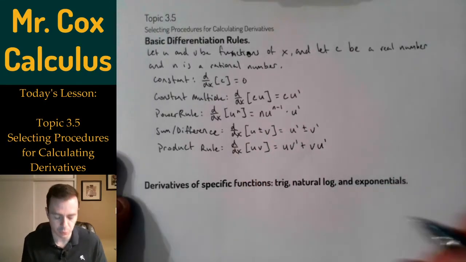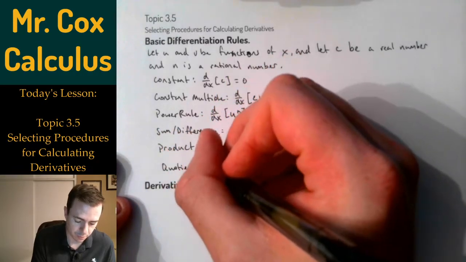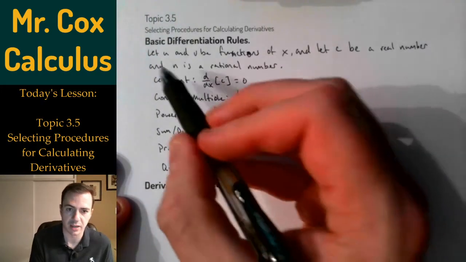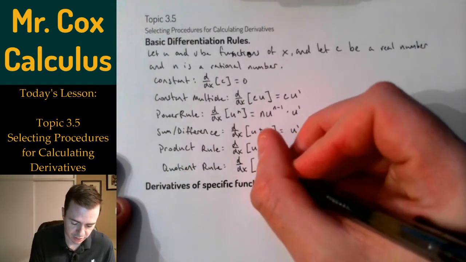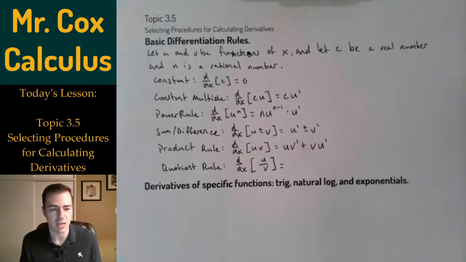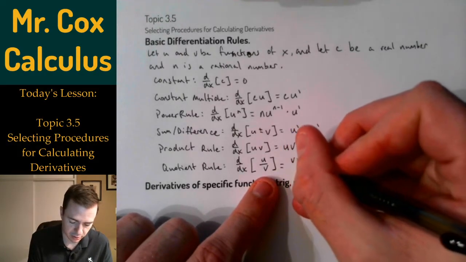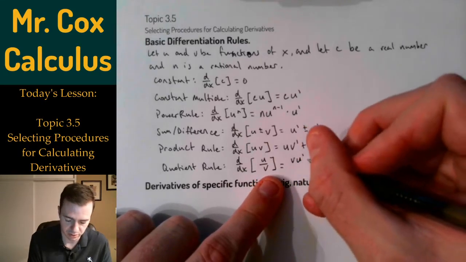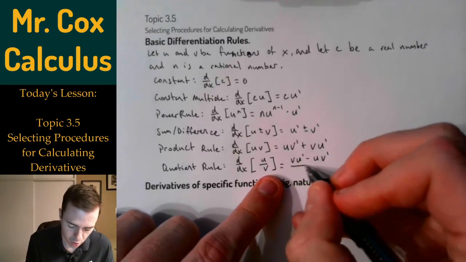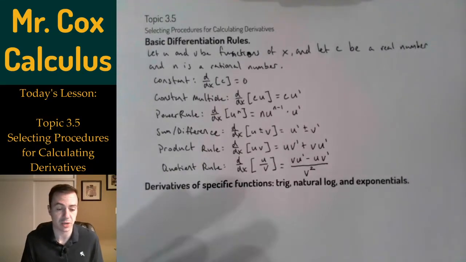So that's what the product rule looks like, and then the last one we'll put on here is the quotient rule, which says that if I take the derivative with respect to x of u over v, that is equal to, and you can think of it as low d high minus high d low over low squared. So the denominator times the derivative of the numerator minus the numerator times the derivative of the denominator, all over the denominator squared. Those were the basic differentiation rules we picked up from Unit 2.